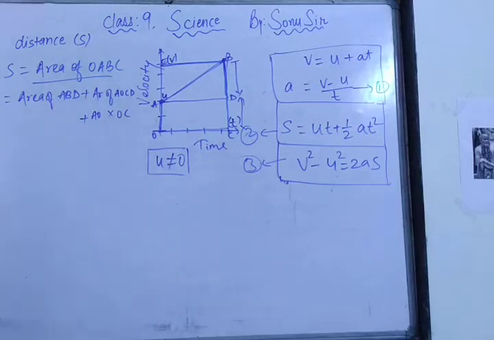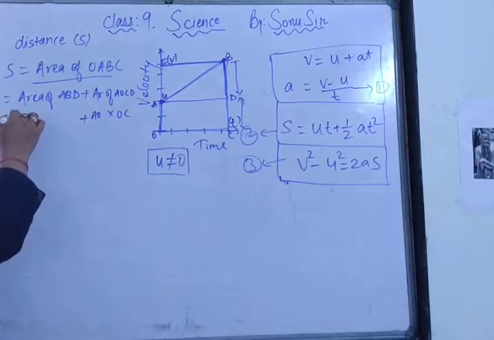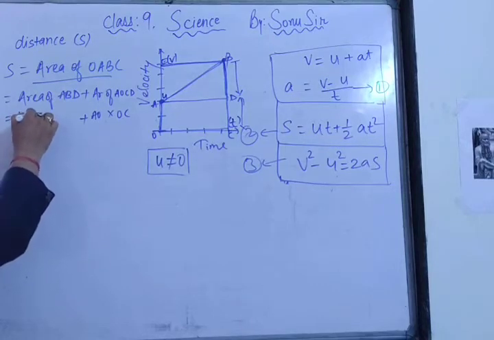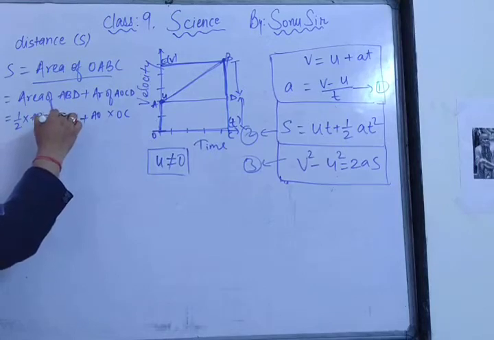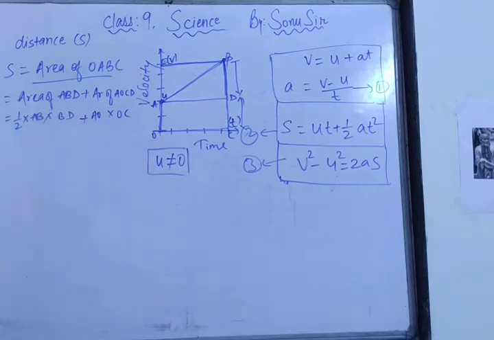And the area of triangle is half into base into height, where height is BD. Got it? Can we write it? Definitely we can.